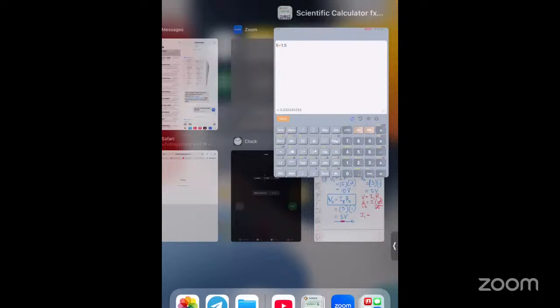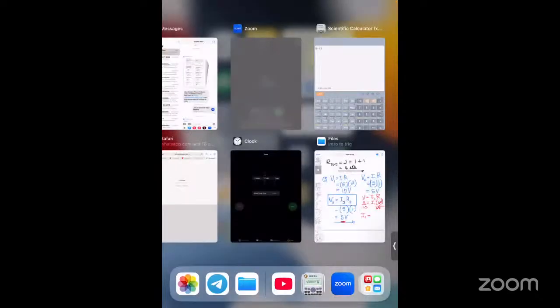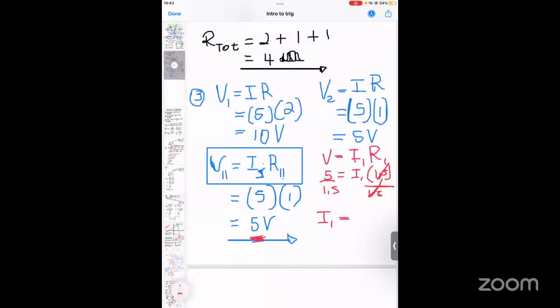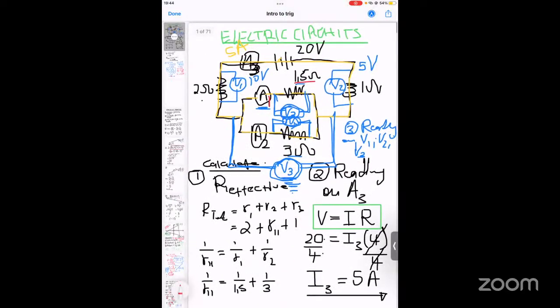Yes. So that means the current passing through that side is 3.33 amperes.